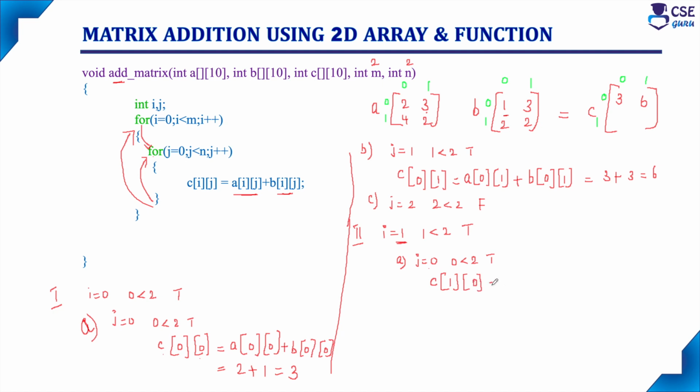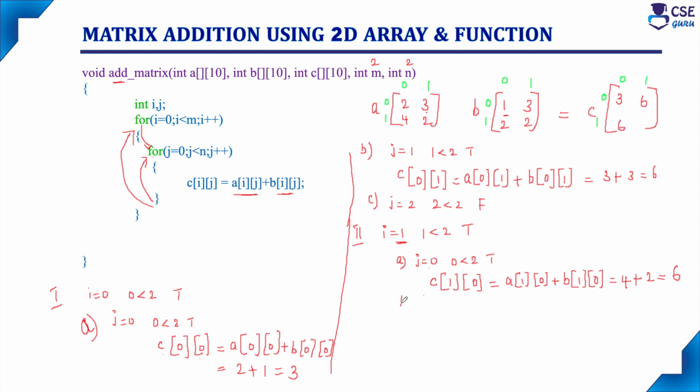C of 1 0 is equal to A of 1 0 plus B of 1 0. I value is 1 and J value is 0. Okay. So what we will get? A matrix 1 0 value is 4 plus B matrix 1 0 value is 2. So we will get it as 6. So C of 1 comma 0 value is 6.